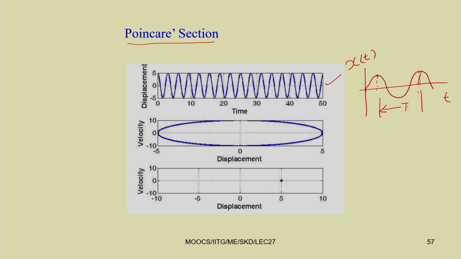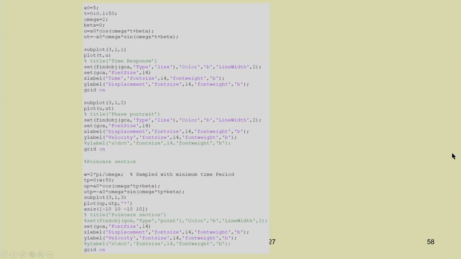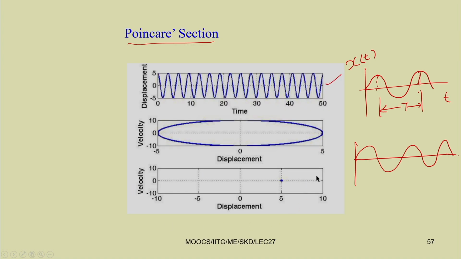Let us have more periods also. Here you can see, instead of keeping the whole time response, that is x(t) versus t, which will consume more space and time.